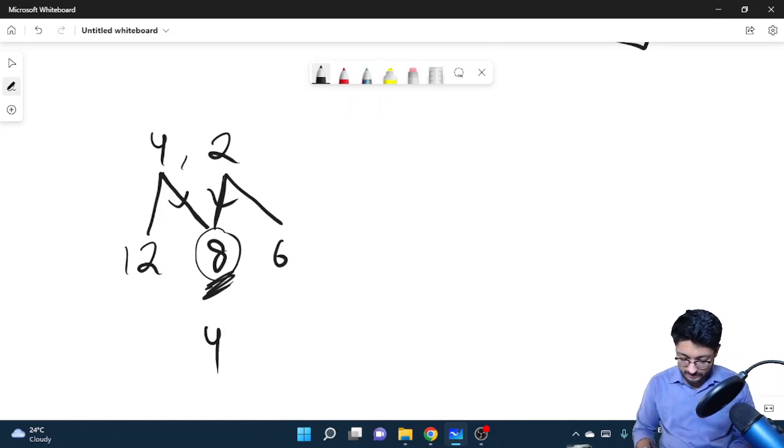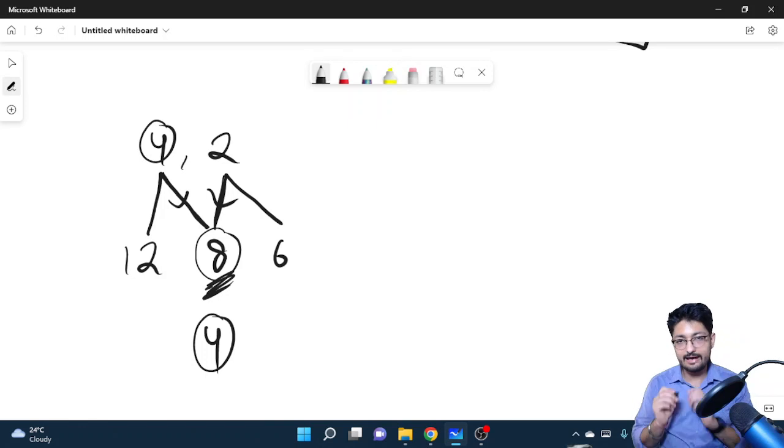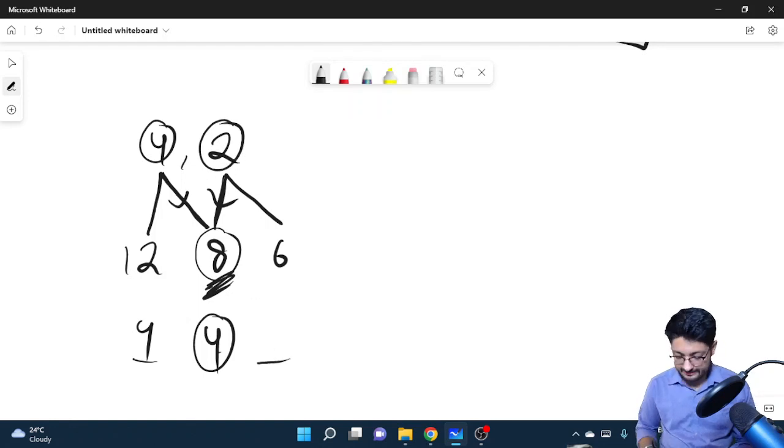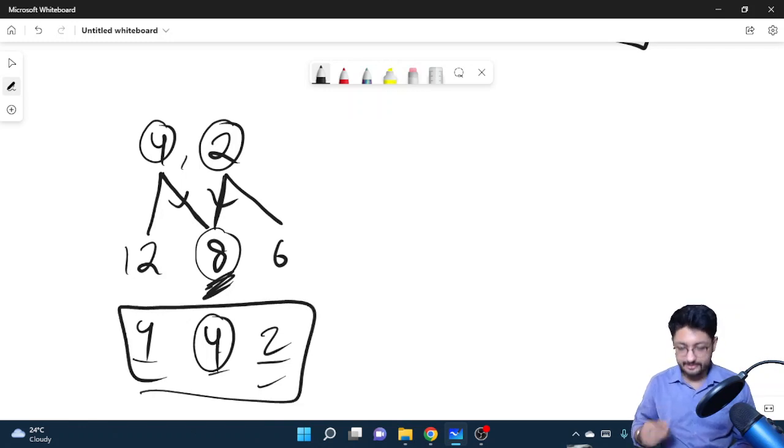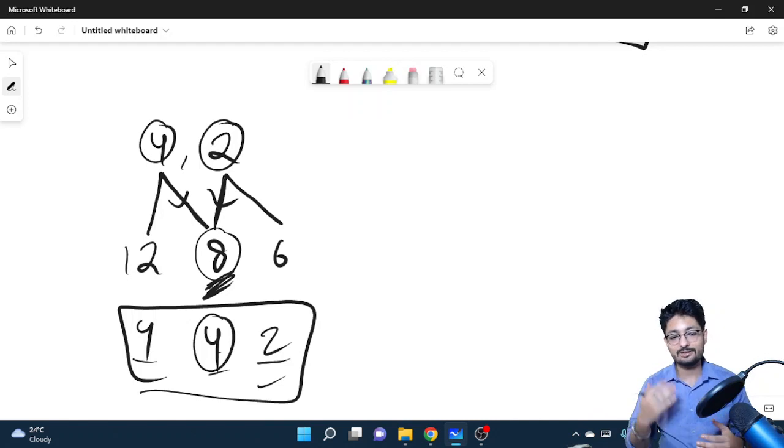If I want the GCD of the first pair to be 4, obviously the first number should be 4 itself. And if I want the GCD of the second pair to be 2, then the last number should be 2. This is also following the property, and that is also a correct answer, 4 4 2. But this is built with the least numbers possible. I hope you get the point.